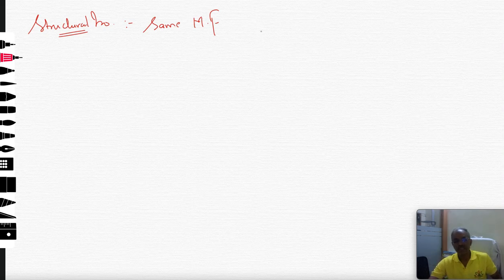Now we will see first the structural isomerism. What do you mean by structural isomerism? It's very simple. It has the same molecular formula, compounds having the same molecular formula but different structural formula.